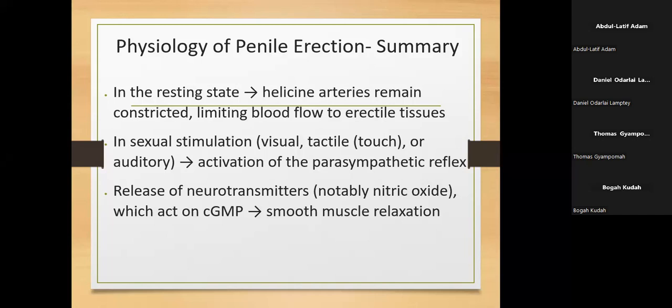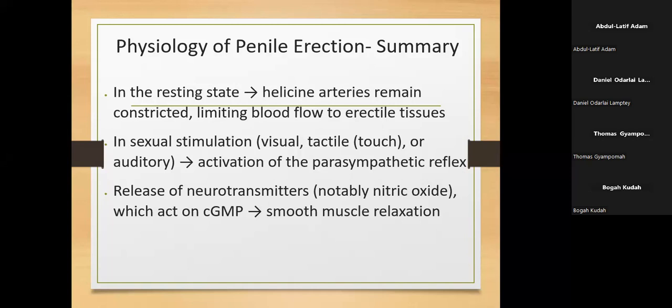Since we are concluding, I just want you to take these points. Sexual stimulation could be visual, could be tactile, and tactile means touching the body. Once that happens, it triggers the parasympathetic pathway.